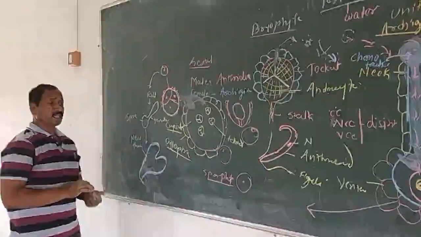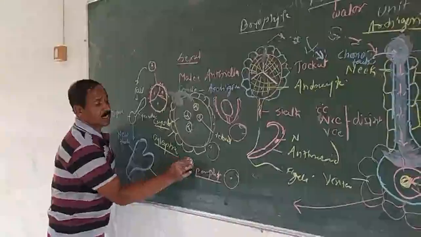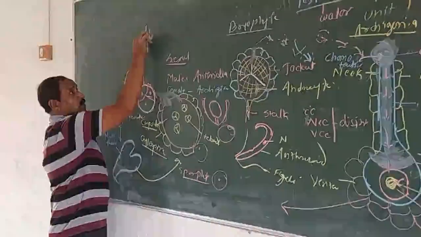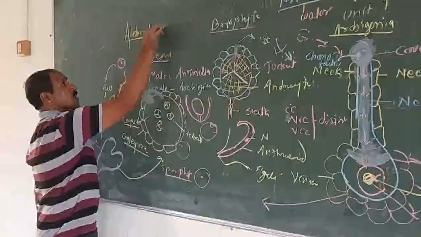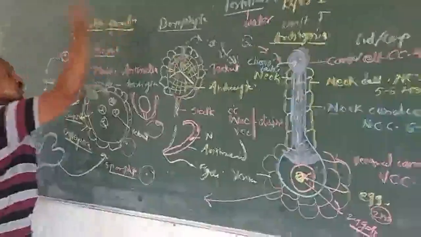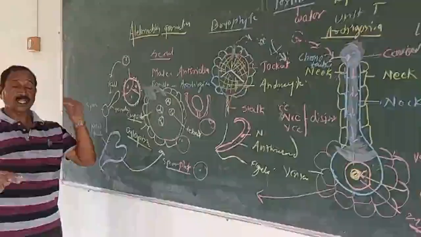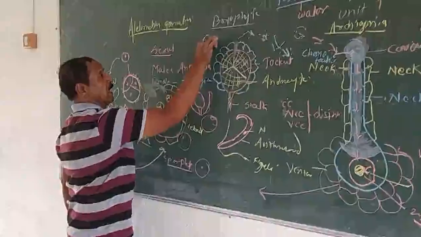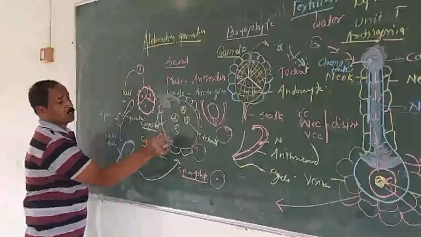Here the germ tube is present, which means the life cycle starts again. In bryophytes there is alternation of generation. In the exam there is a question on alternation of generation. Alternation of generation means the first is the gametophytic generation and the second is the sporophytic generation.